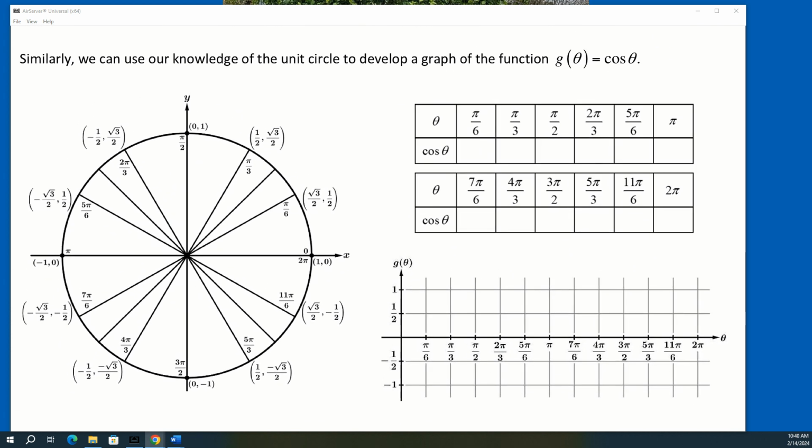We still have this unit circle. This time our output values are going to be what the cosine of theta is. So we're going to make sure we use these x coordinates each time.